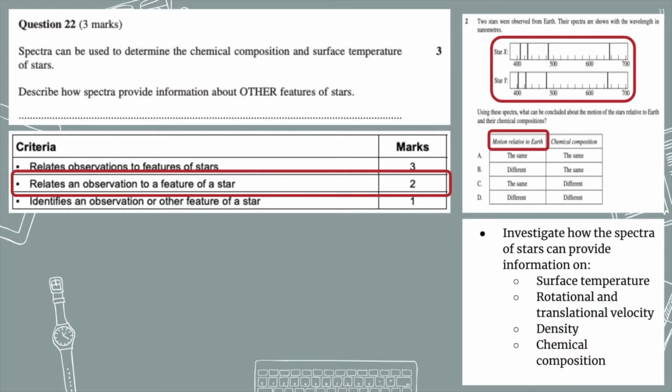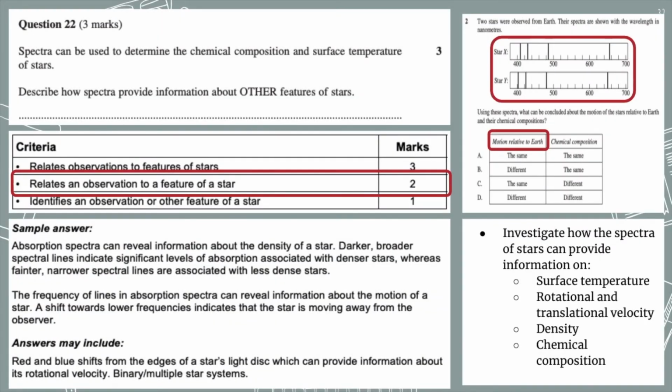If I have a look at the dot point, I remember that rotational and translational velocity can be mentioned. So then it's just simply up to me which second feature I'm going to include in my answer. We can see here that we are talking about the density of the star as a result of the absorption and narrow spectral lines with less dense stars. So the sample answer has addressed density. It has also addressed the motion of the star.